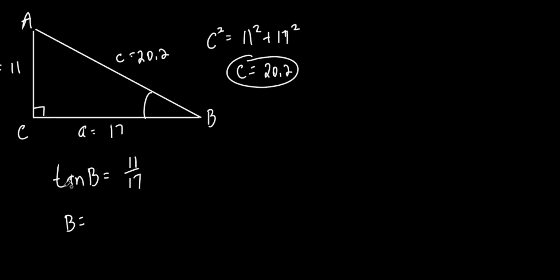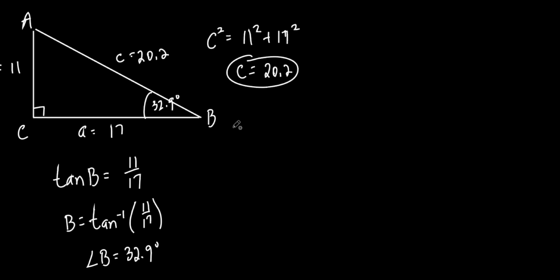Take the inverse tangent of 11 over 17. I hit second function tangent, 11 divided by 17, close the parentheses, and you get about 32.9. So angle B is approximately 32.9 degrees. I think that's kind of cool because we could have never done that before today.